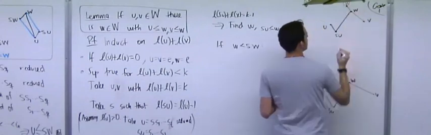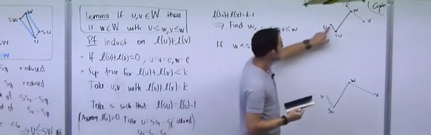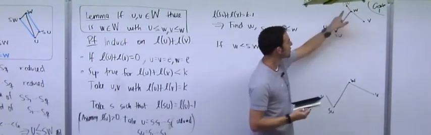The picture looks like this. Okay, and I would like to justify that both U and V are smaller than SW. Why is that? Well, it's clear that V is less than SW because you can just see it in the picture. V is less than W, W is less than SW. Okay? So V is less than SW for free.